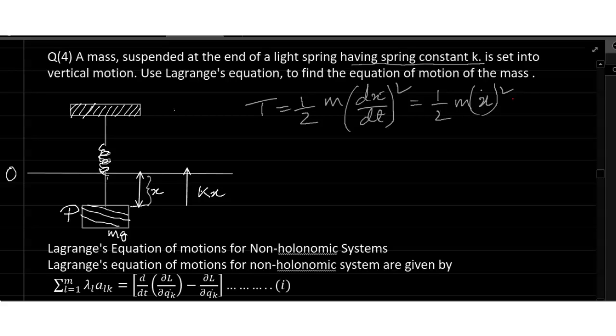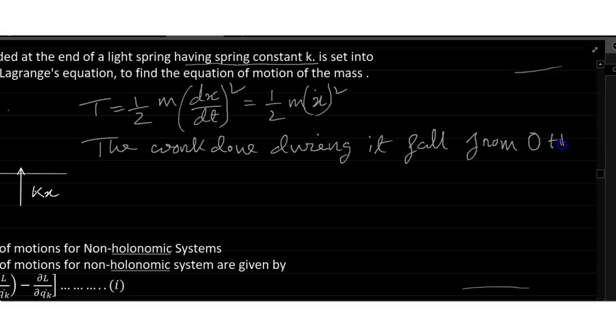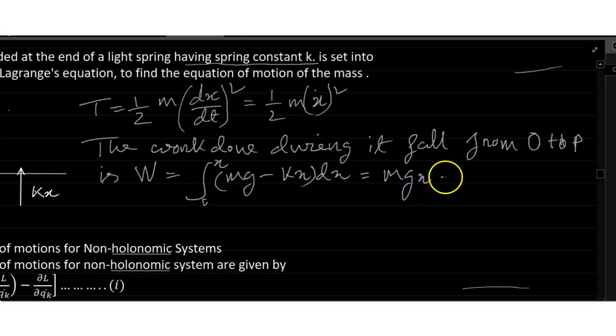The work done during its fall from O to P is the integral from 0 to x of (mg minus kx) dx, which is mgx minus half kx square.